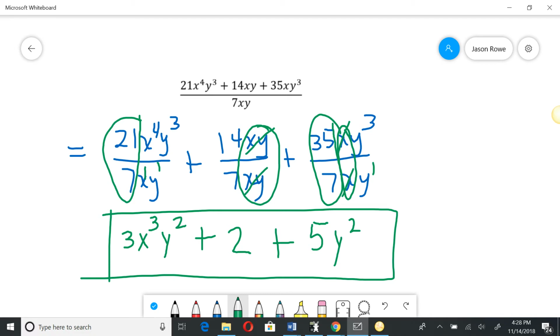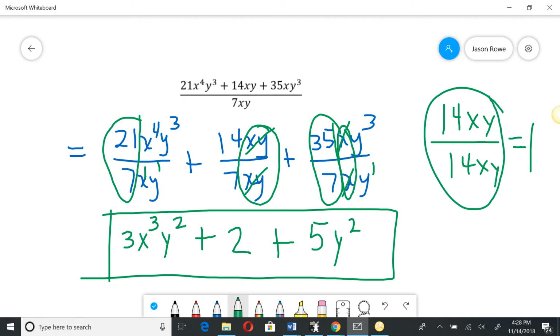Work each part, reducing each fraction individually, and then that's going to be your answer. And on this one, if you get something, let's say I have 14xy over 14xy, that does not equal 0. That equals 1. So if you get a case where you got the same exact thing, those cancel out, but something still has to be left there, and you have to leave a 1 there. So pay attention to that while you're doing the lesson.